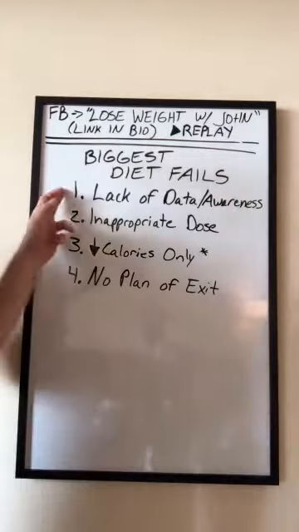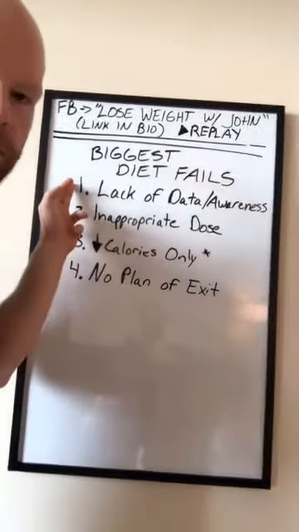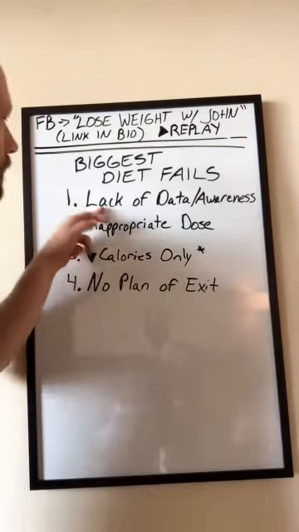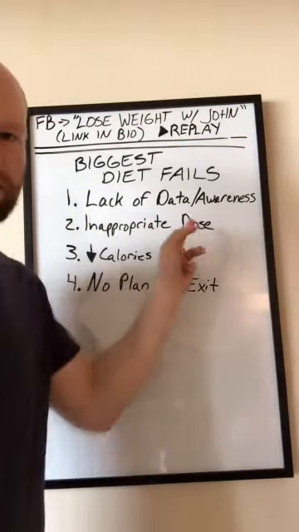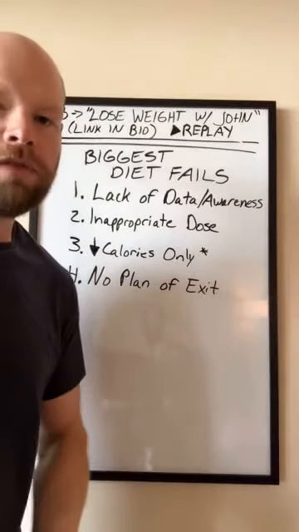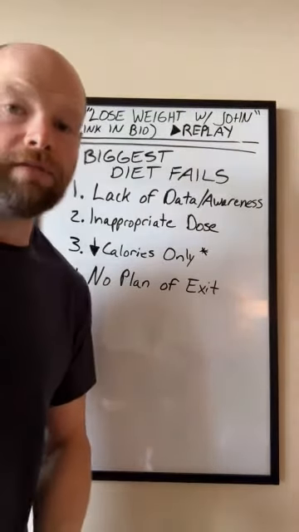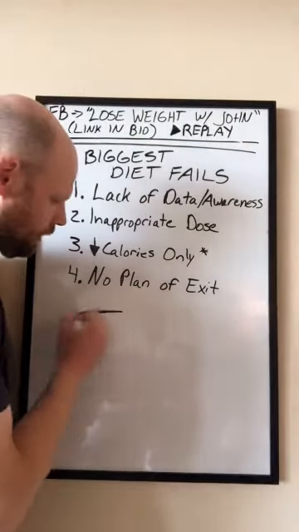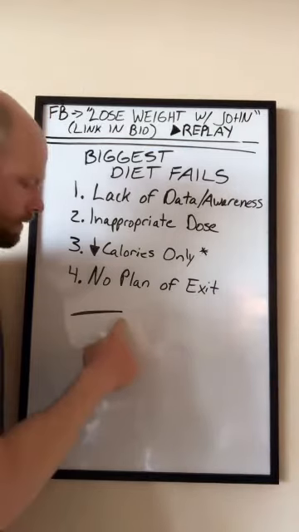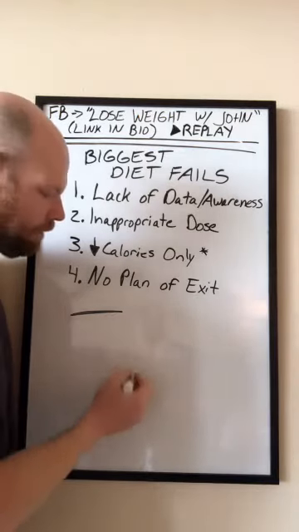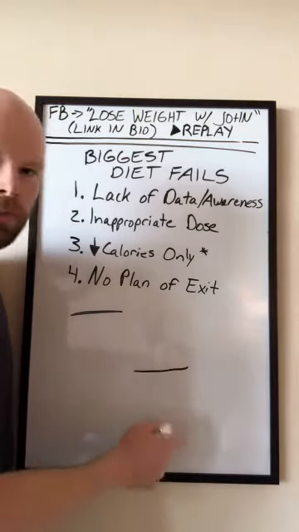Okay, so one of the first mistakes we usually make when we are creating a diet that's going to fail is we start with a lack of data. What I mean by that is we don't even know what our starting calories are. A lot of the time we've been eating one way, and this is what's been maintaining our weight where it is. And then we want to eat a lower amount so that we drop weight.